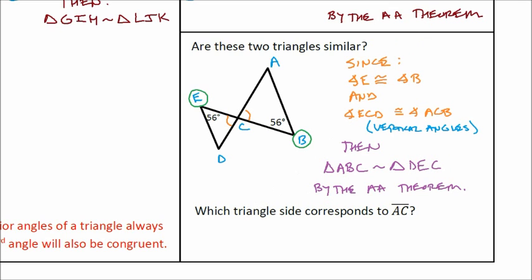So you can write on here as your answer, based on what I wrote in my similarity statement, AC corresponds to, take a look again, first and last position, DC. So this side right here, AC, actually corresponds to this side right here. You'd think it'd be the two top ones, but it's not. It's this one and this one. And we know that based on our similarity statement.